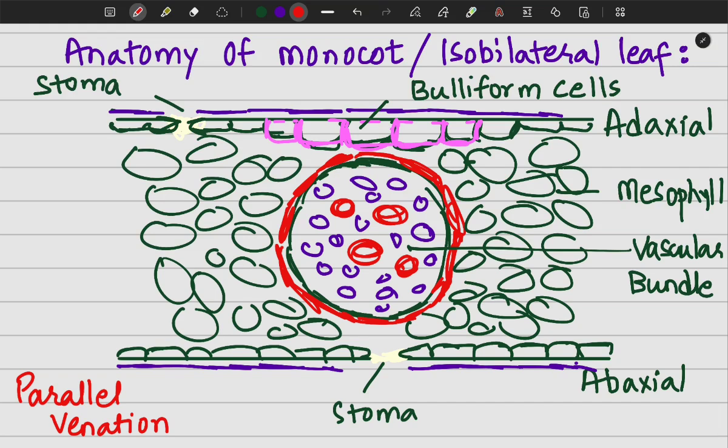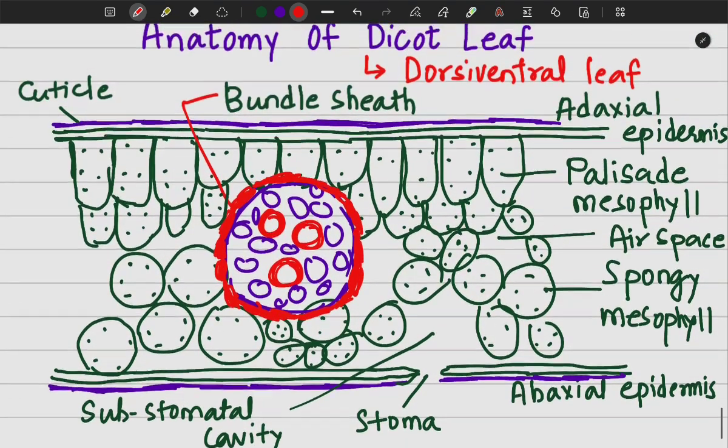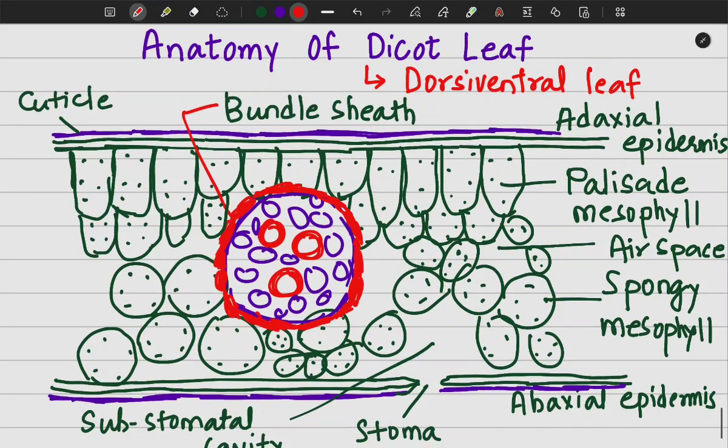Alright, so I hope the anatomy of monocot and dicot leaf is clear to you, along with the unique differential points. The structure would be similar in case of dicot and monocot leaf anatomy.